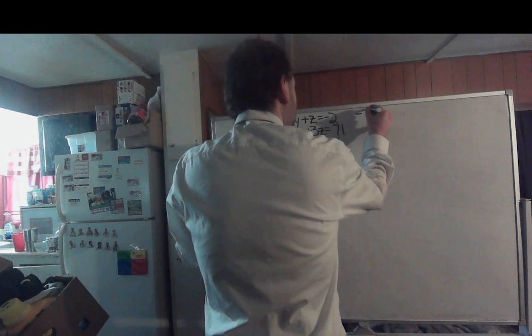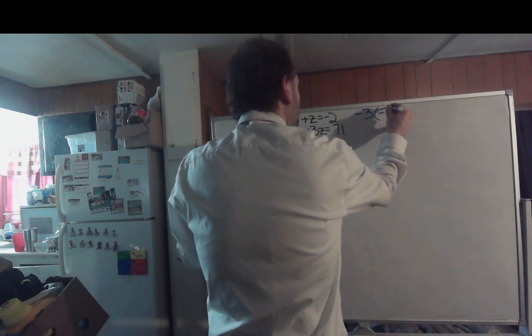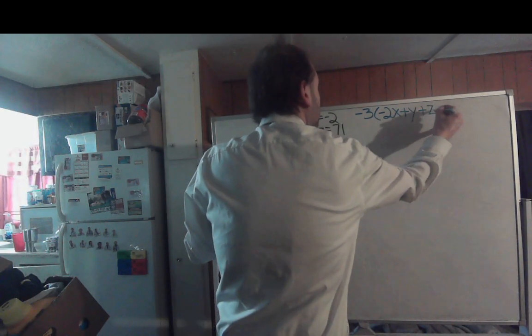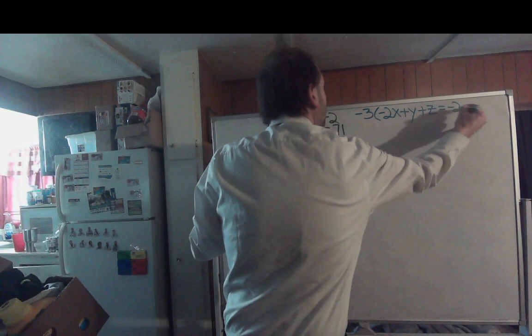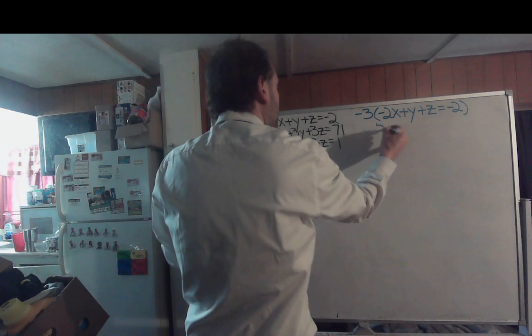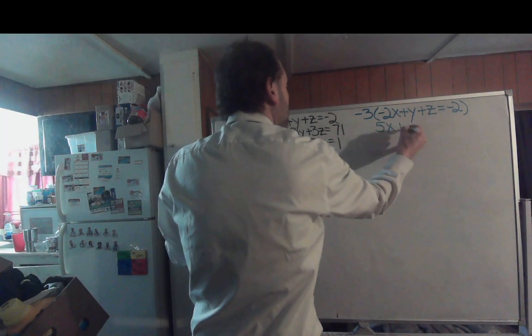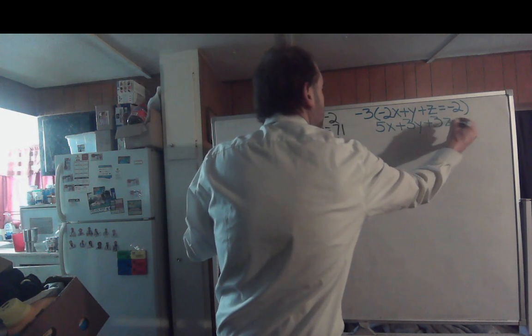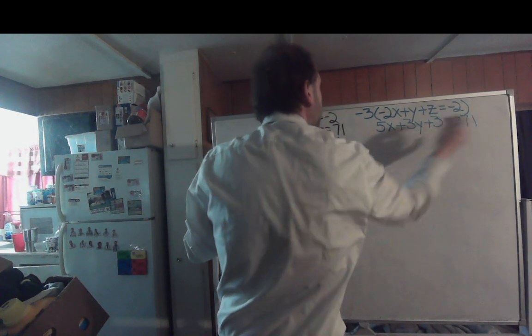So take negative 3 times that first equation of negative 2x plus y plus z equals negative 2, and keep your 5x plus 3y plus 3z equal to 71.